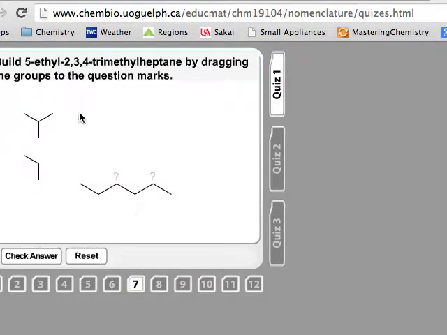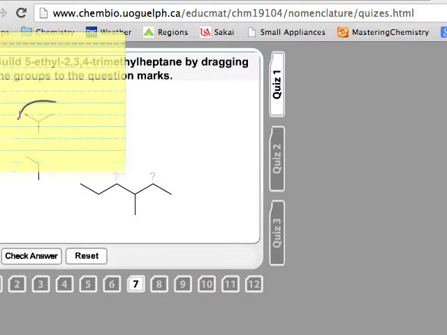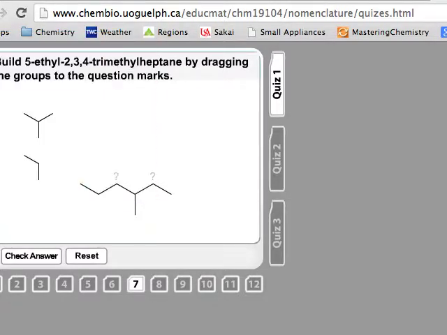Build 5-ethyl, so here's my ethyl group right here, 2, 3, 4-trimethyl heptane. See, this group right here is going to end up being part of the longest chain. Right now, you have a methyl group right here.